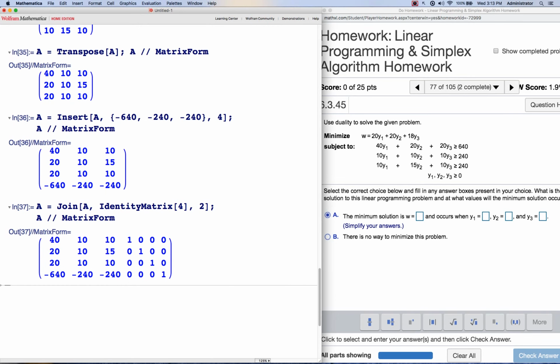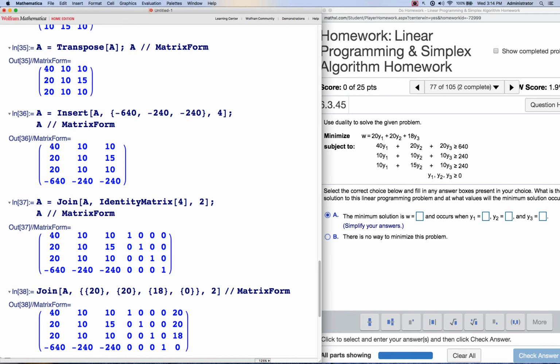Okay, and then before I save my result in A, let me make sure that it works out. We have 20, 20, 18, and then 0. That looks great, so let's save the answer in A.